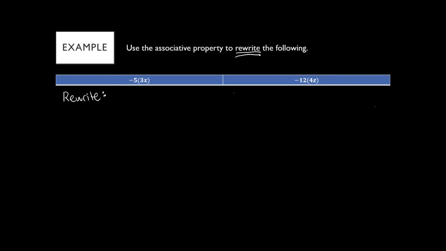So for both of these, all you do is move the parentheses. And when you have negatives in front like these, it does get a little tricky, especially when you've got numbers. So like the first one, I have -5 and then in parentheses 3x. So I don't want to just write -5, 3, and then an x because it looks like -53.